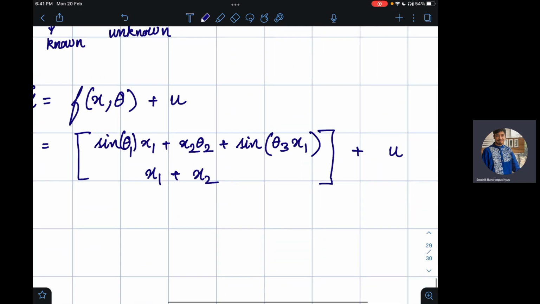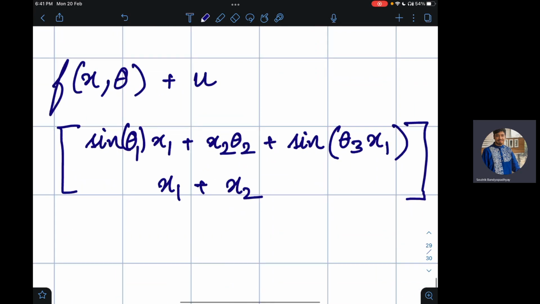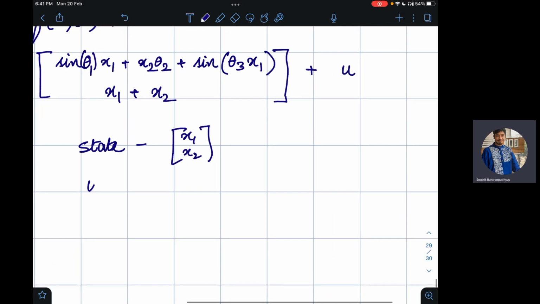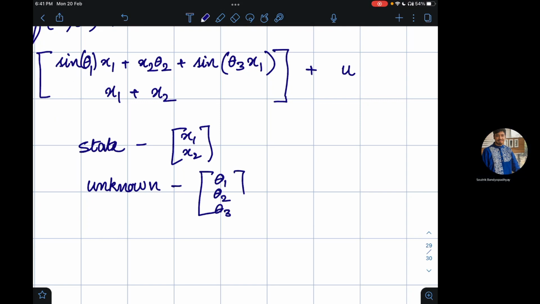So if you look at this system, here the states are x1 and x2, and the unknown parameters are theta 1, theta 2, theta 3.